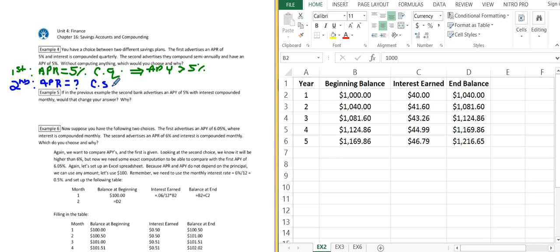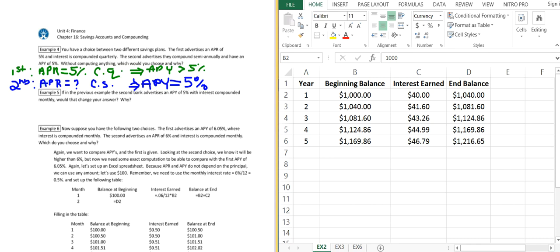But at the end, whatever that ends up being, they have told me what my APY is. They have said that the APY, the percent we actually yield, is going to equal 5%. So in some ways, it doesn't really matter that they didn't give me the APR of the second account because they have told me what its APY is.